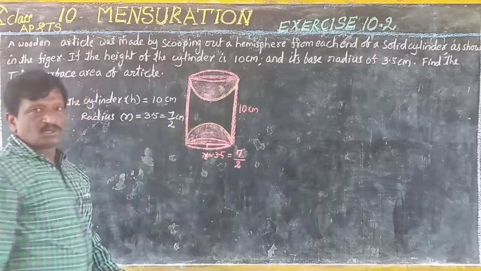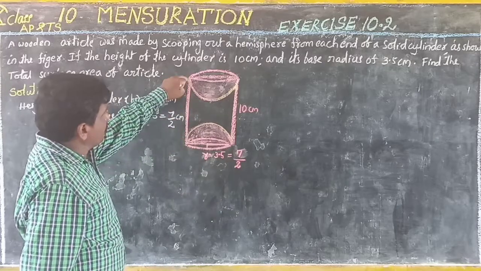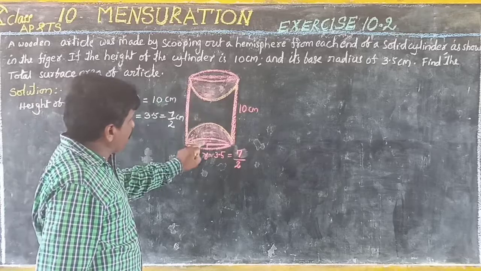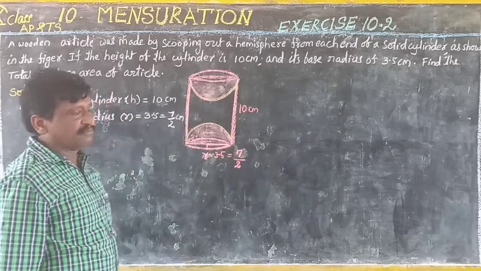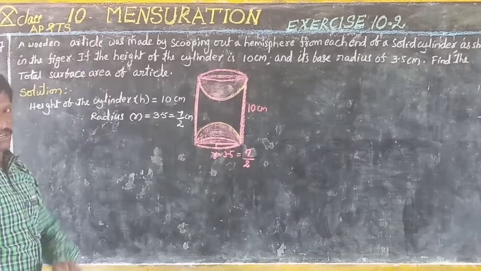First we will find the surface area of the cylinder. Next, the surface area of the two hemispheres. So we will find out the total surface area of the article.